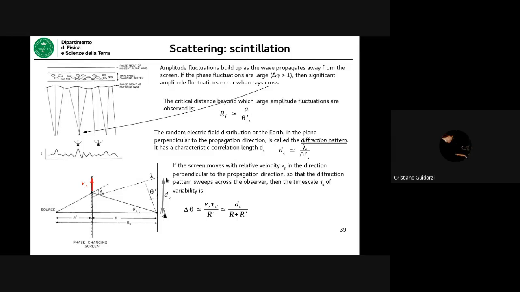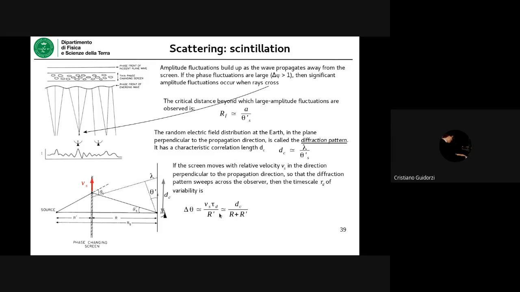In order to see a variation, when all here is fixed, you have to move by a length which is at least comparable with the correlation length. And here, you're not moving anything. Your detector is fixed. What is changing configuration is due to the motion of the blob.